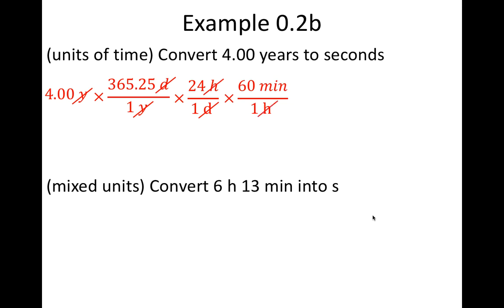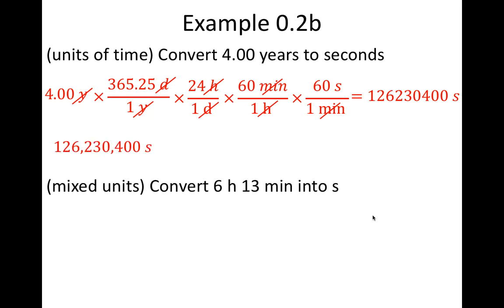Then I multiply by 60 seconds per minute to eliminate minutes. Finally, I multiply across by all the numerators, giving me my answer, which I will round to the appropriate number of sig figs, 3 sig figs, or 126 million seconds, which I could then write in scientific notation.